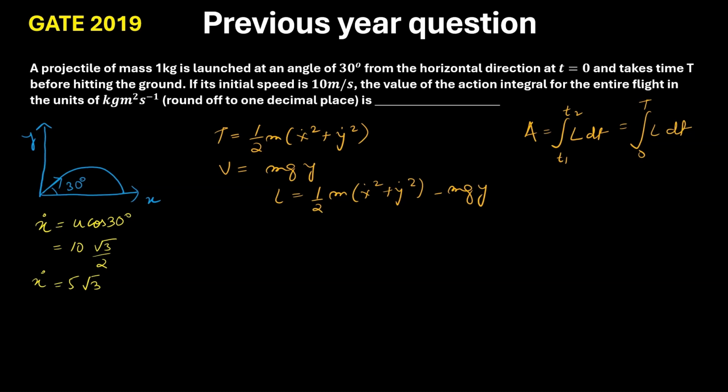So what we can do is use the formula s is equal to ut plus half at square. So this one will be uy t plus half of at square. If I substitute this, uy is given by u sine 30 t minus half g t square.